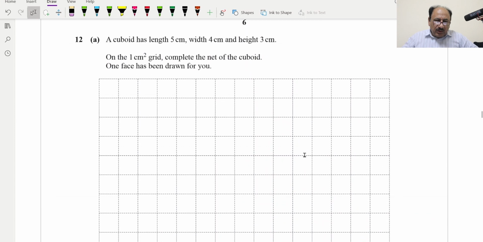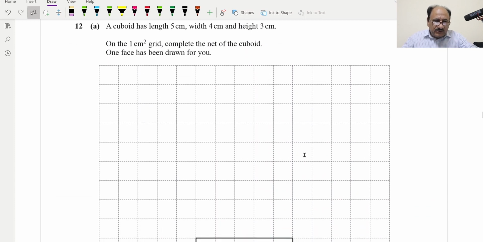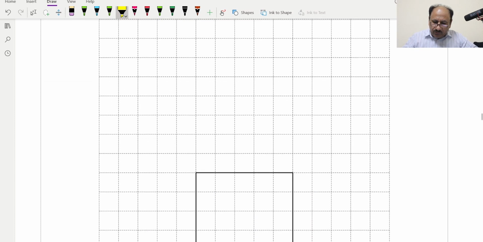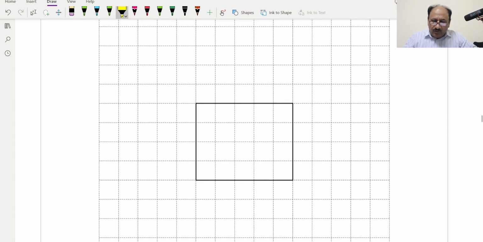Then question number 12, this is a net question. So we have to draw the net. A cuboid has length of 5 centimeter, width of 4 centimeter, and height of 3 centimeter. 1 centimeter square grid. Complete the net of the cuboid. One face has been drawn for you. This is one face which they have drawn.